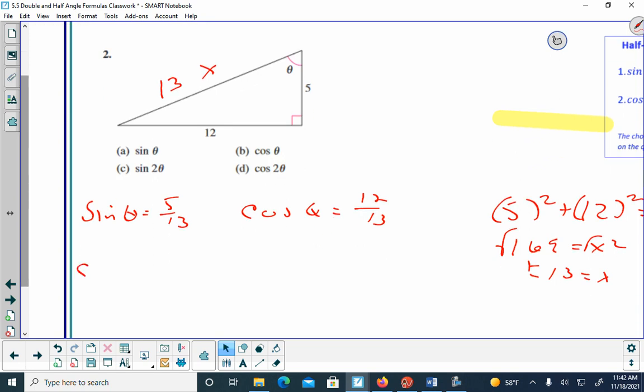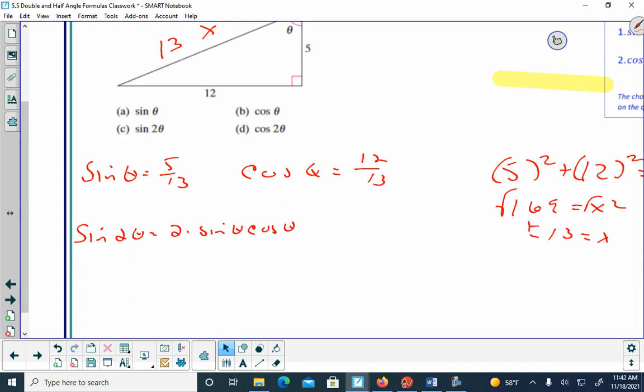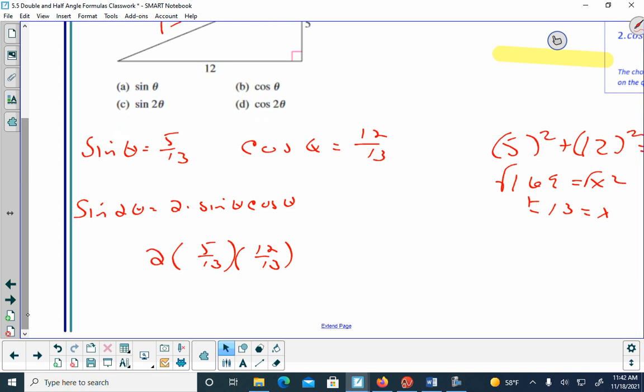The one for sine 2 theta is 2 times sine theta cosine theta. So we already found sine theta and cosine theta, right? So we're going to take 2 times 5/13 times 12/13. And when I do all that, this 2 is in the numerator, so I'm going to get 120 over 169. And that's my sine of 2 theta.